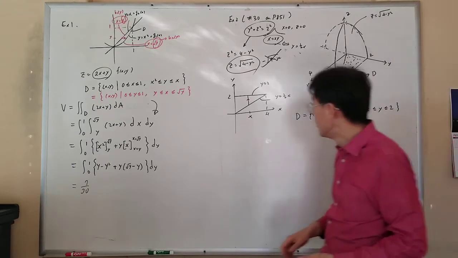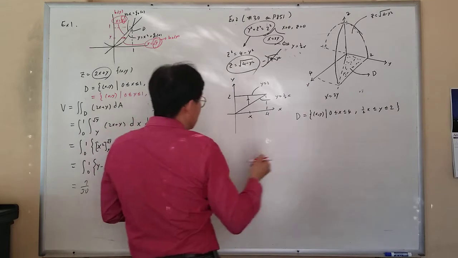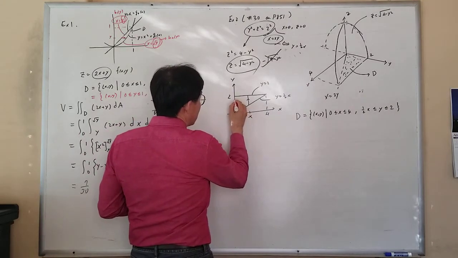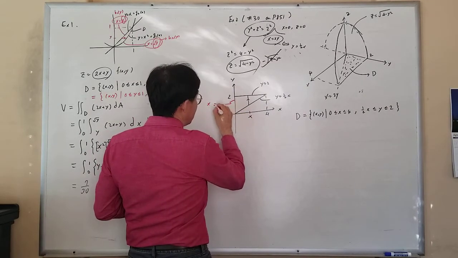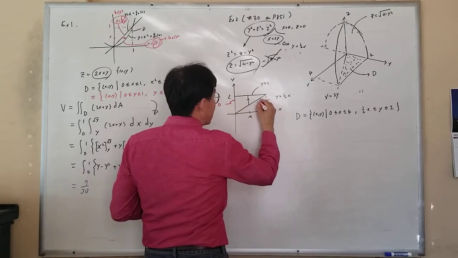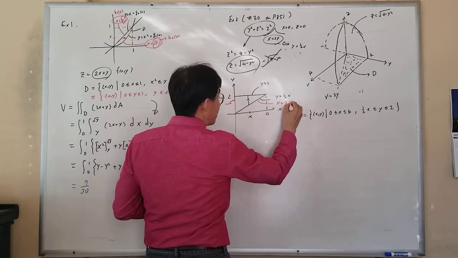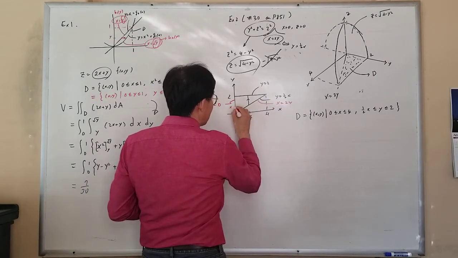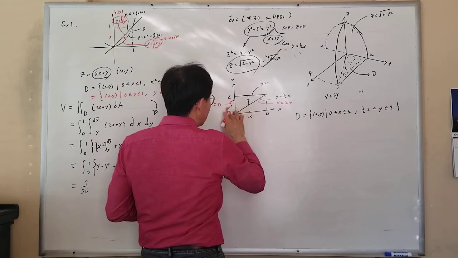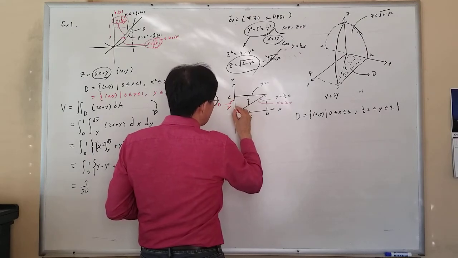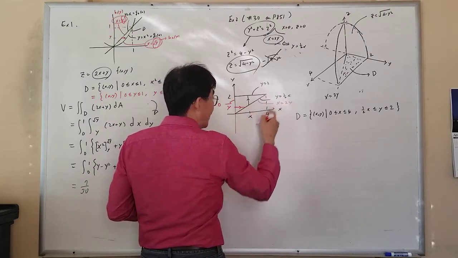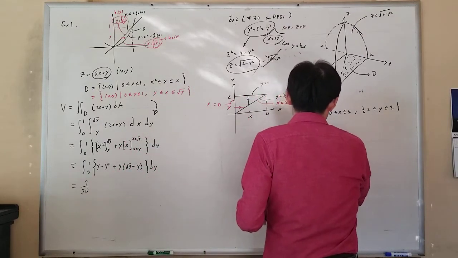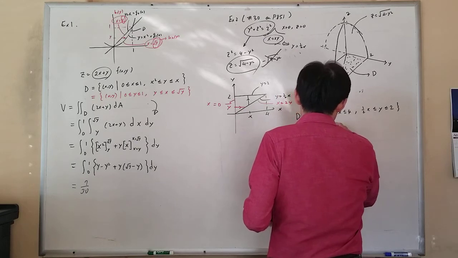Or, this is x equals 0 versus x equals 2y. For a given y, you run from 0 to 2y. So you can write it as type 2.